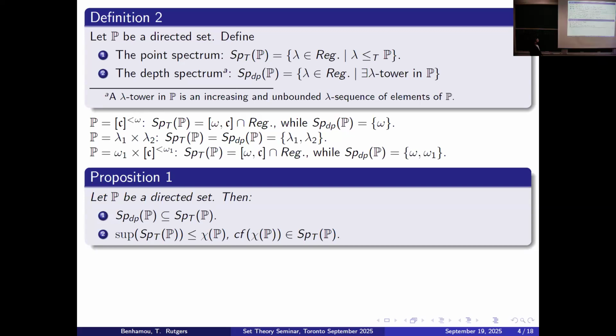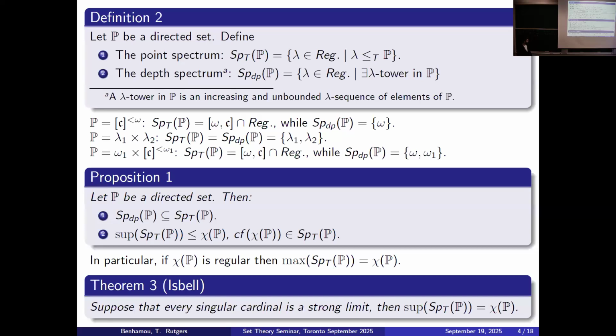And also there is an argument to show that the cofinality of the character is an element of the spectrum. So in particular, whenever the character is a regular cardinal, then it realizes the maximum of the spectrum.